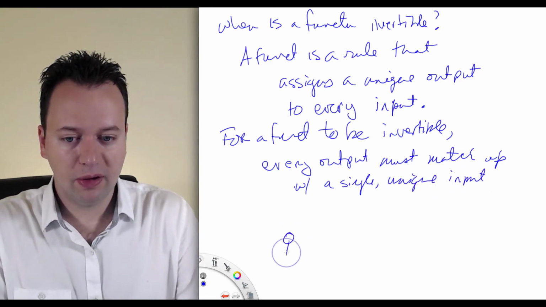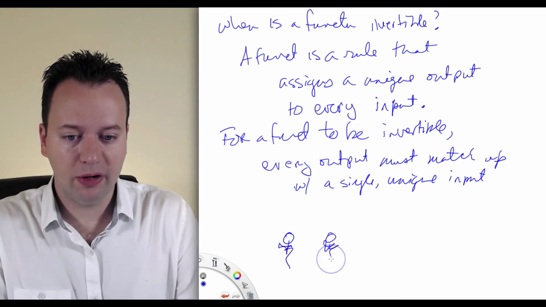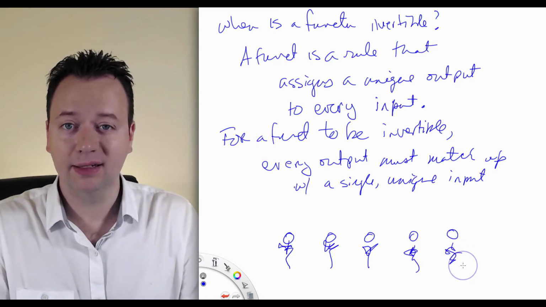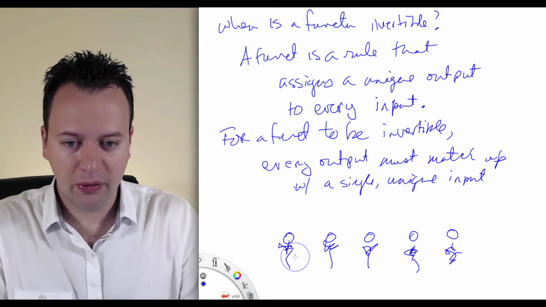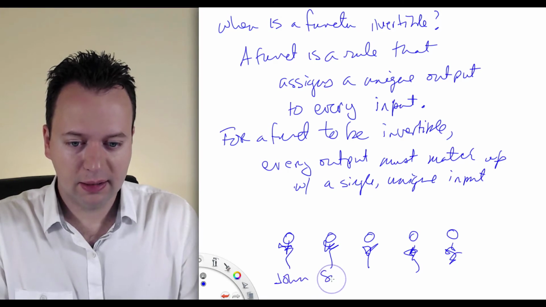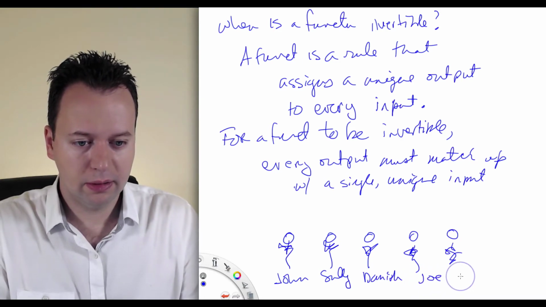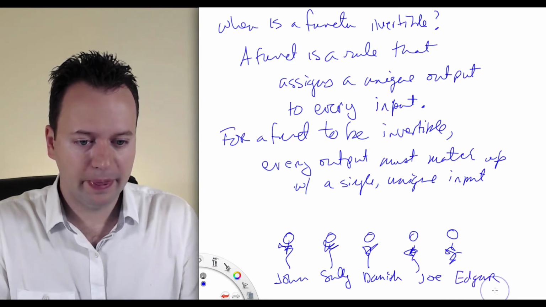Let's think about this example where we have people in your classroom and the function was their age. These are maybe little genies, or maybe they're doing some sort of gymnastics. It's just a quick stick figure. Let's say we have John, Sally, Danish, Joe, and Edgar.